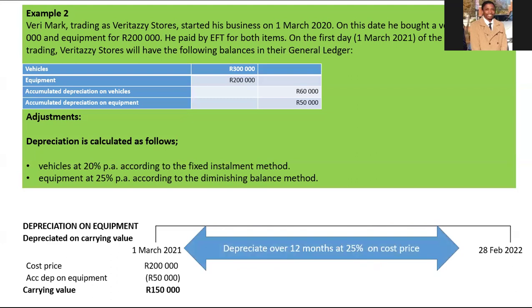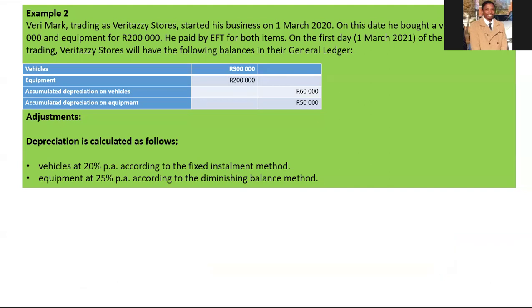However, when we depreciate it, we are going to depreciate it on diminishing balance method. When we calculate depreciation on diminishing balance method, which value are we going to take? Are we going to take the 200,000?